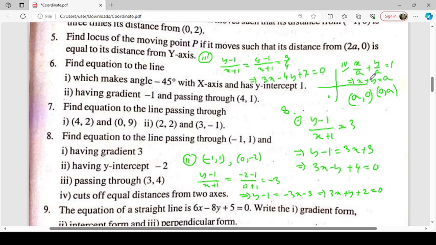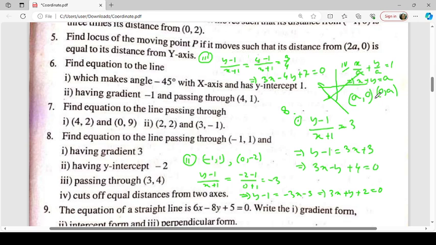Now our point is (-1, 1). So (-1, 1) is on the line. So what we will have, either it is this line, or it is this line, or it is this line.